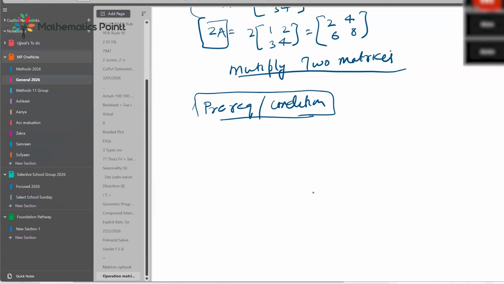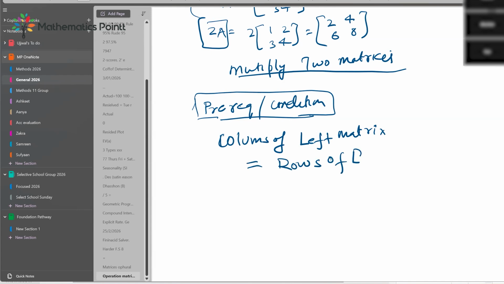The precondition is that the columns of the left matrix should be equal to the rows of the right matrix. Now let's understand what is left and right.